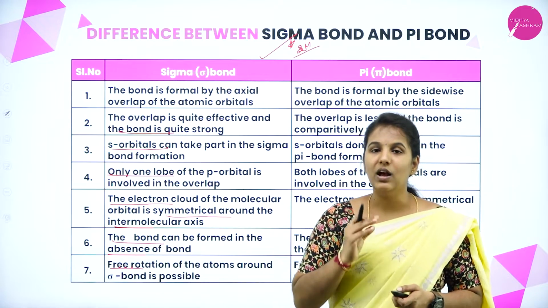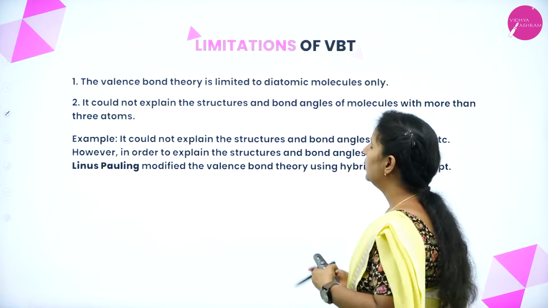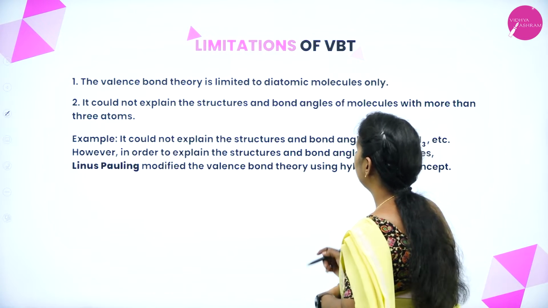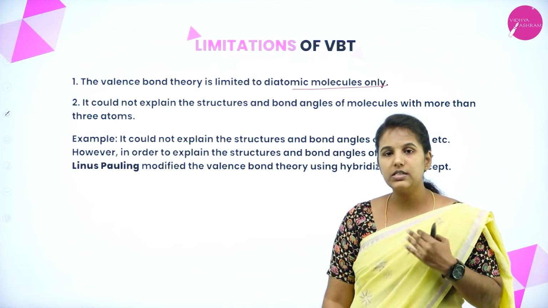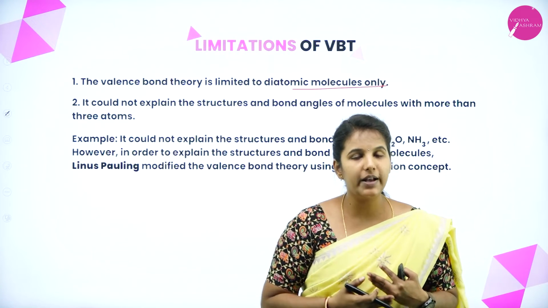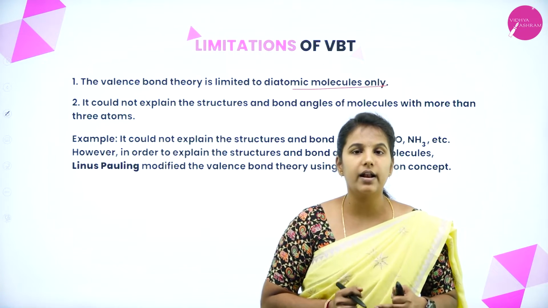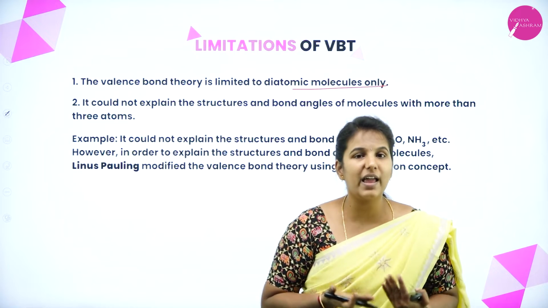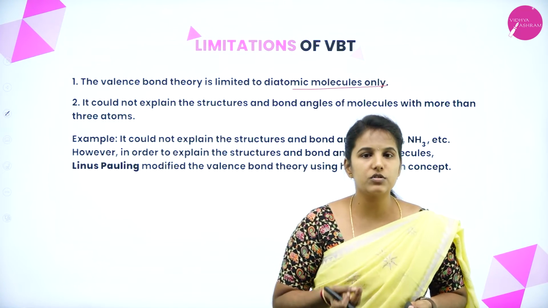Now let us see what the limitations of valence bond theory are. Valence bond theory is limited to diatomic molecules only. This valence bond approach tells us that the overlapping must take place between two half-filled atomic orbitals. It is applicable only to diatomic molecules like hydrogen, H2, oxygen, O2 and nitrogen, N2.